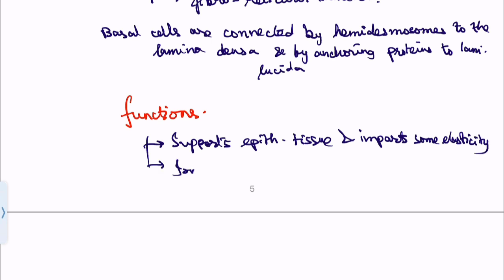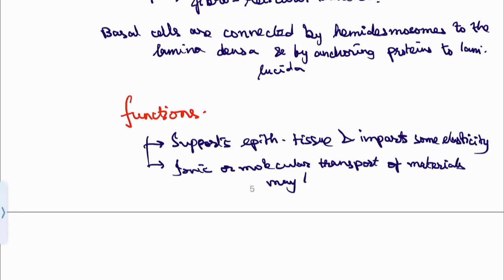Ionic or molecular transport of materials may take place across membrane. Right.